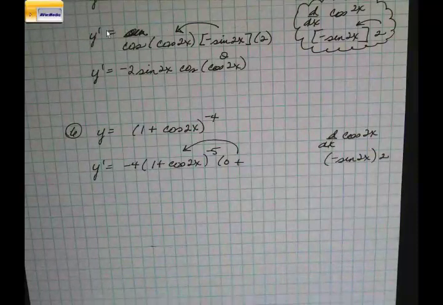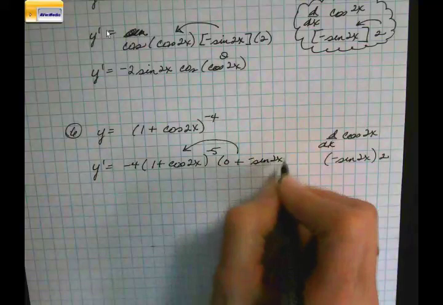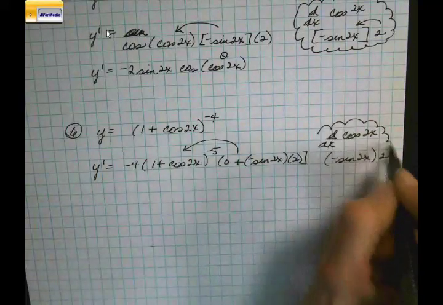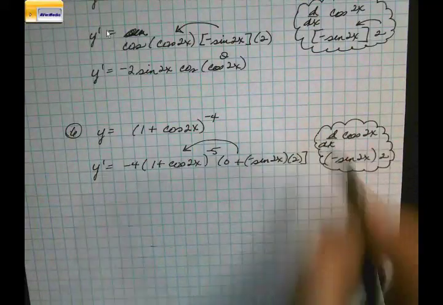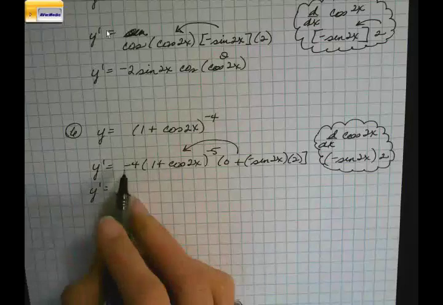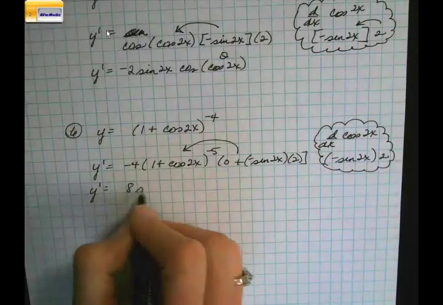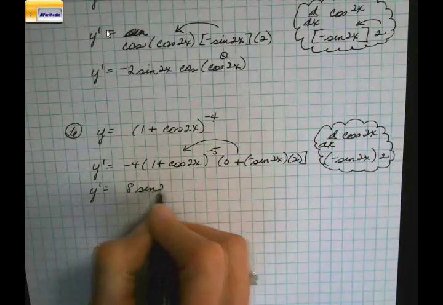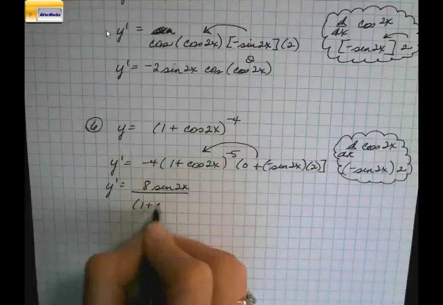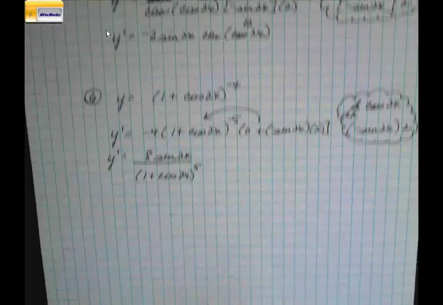Here you're thinking kind of independently for a few seconds to get that result. So negative 4 times a negative 2 is a positive 8 sine 2x, and really you should put that all in the denominator now, 1 plus cosine 2x to the 5th power.